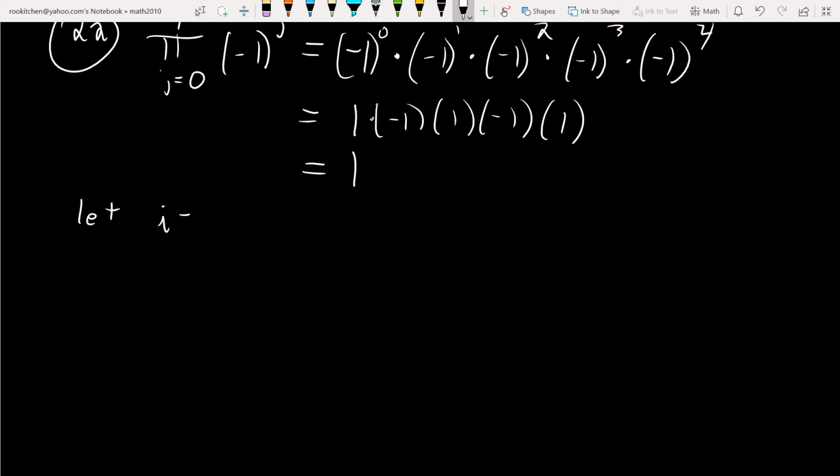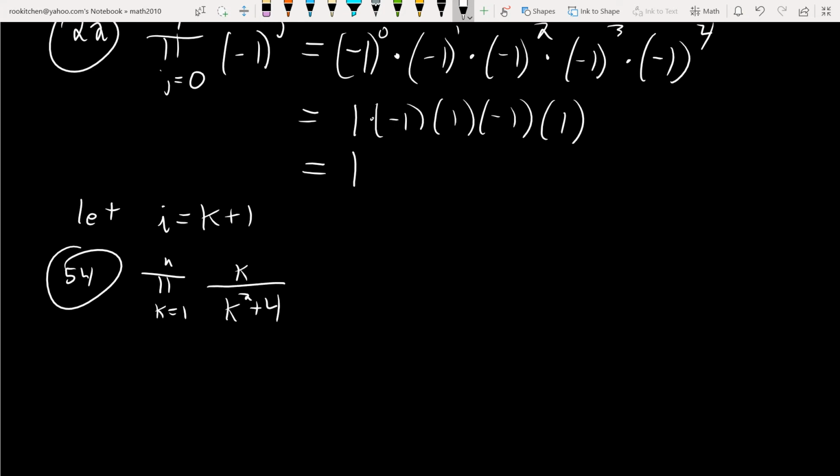Let i equal k plus 1. So we want to transform the given product using that formula. So right now it's k in terms of k. So we have k all over k squared plus 4. Okay, so I'm going to rewrite my formula in terms of k. So I subtract 1 from both sides, and you get k equals i minus 1.